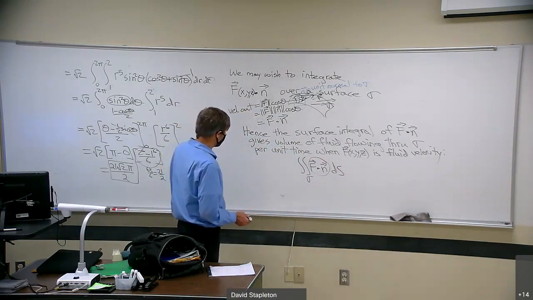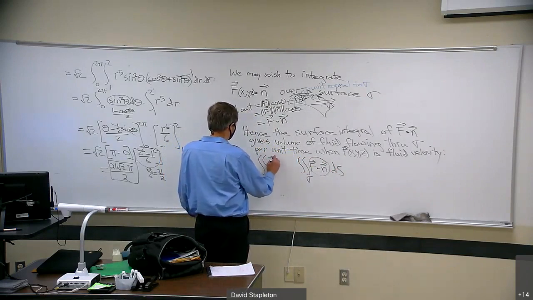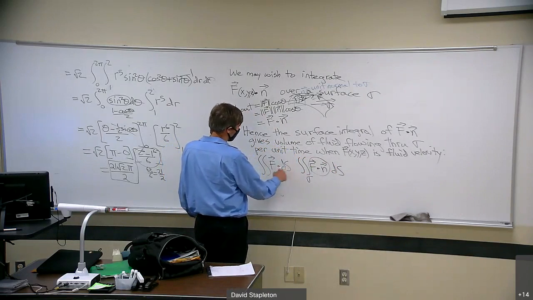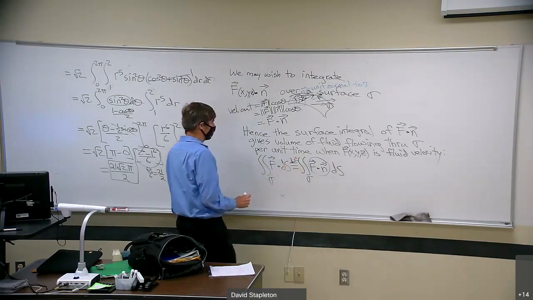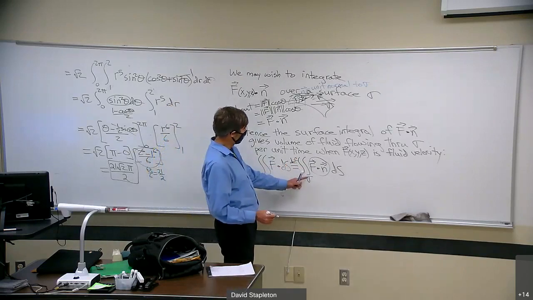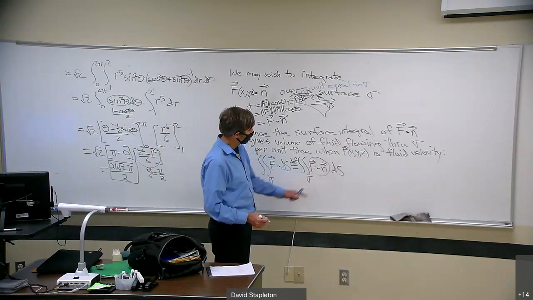We can also call this, for short, F dot dS, with a big S for surface instead of a little s for arc length, over sigma. So we'll make this definition, and that will be the vector surface integral, the double integral of F dot dS, meaning the double integral over the surface of F dot n dS, where this is the usual scalar surface element.